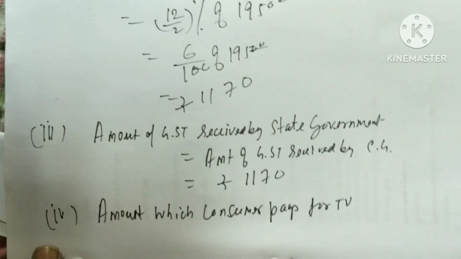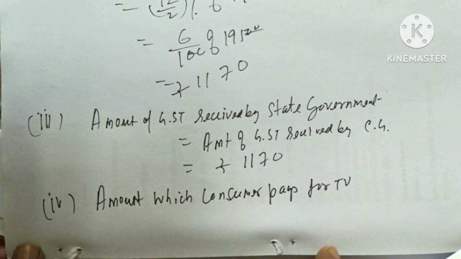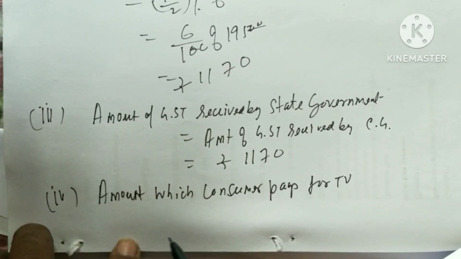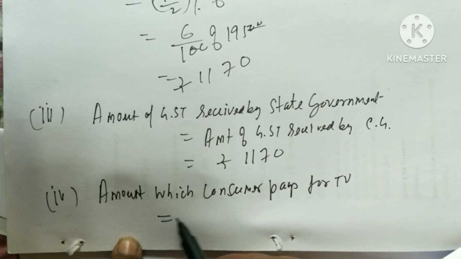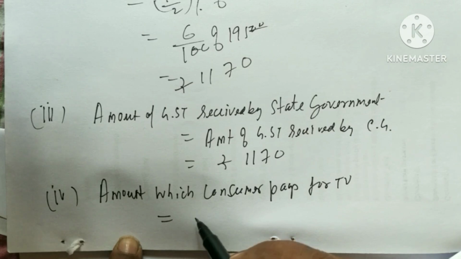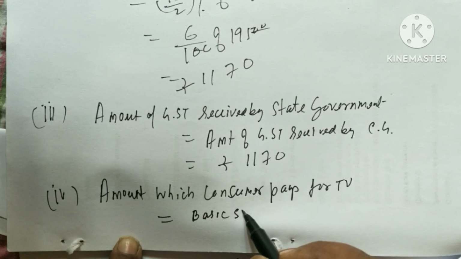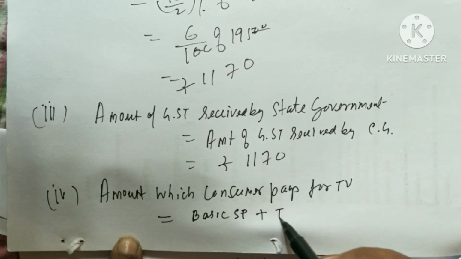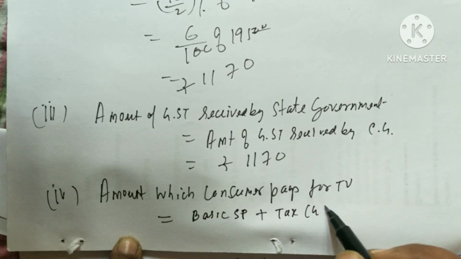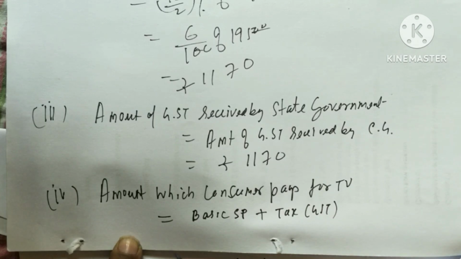And the last part is very important for ICSE. Always this question will come. So this is the basic selling price plus tax, GST total.